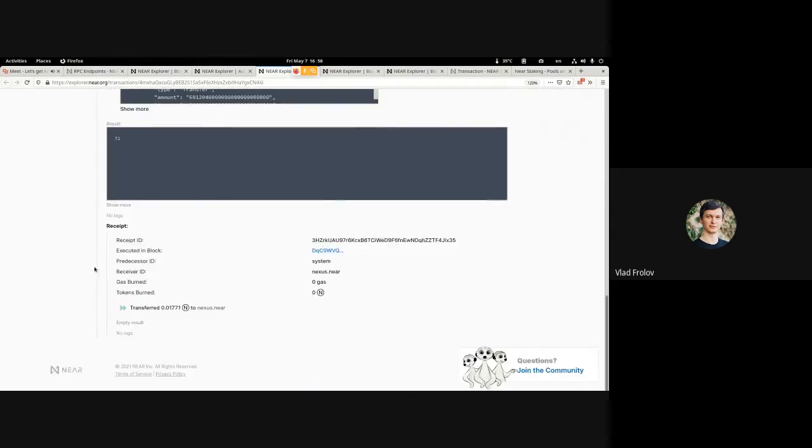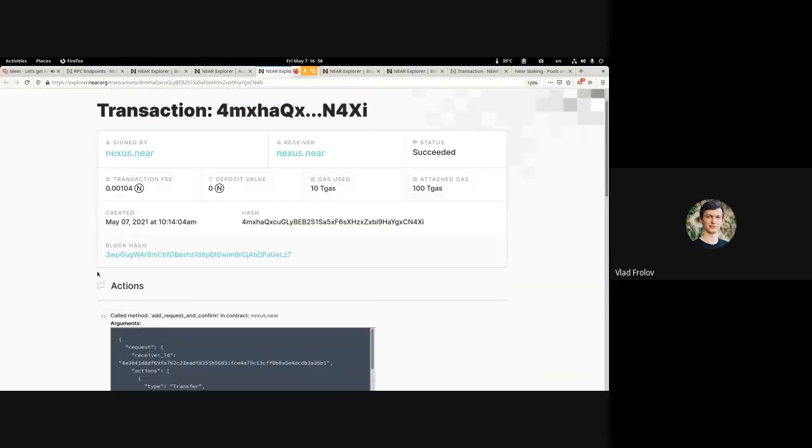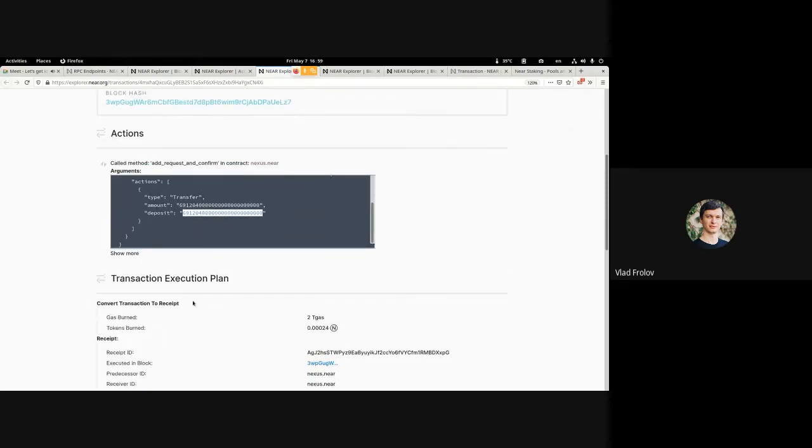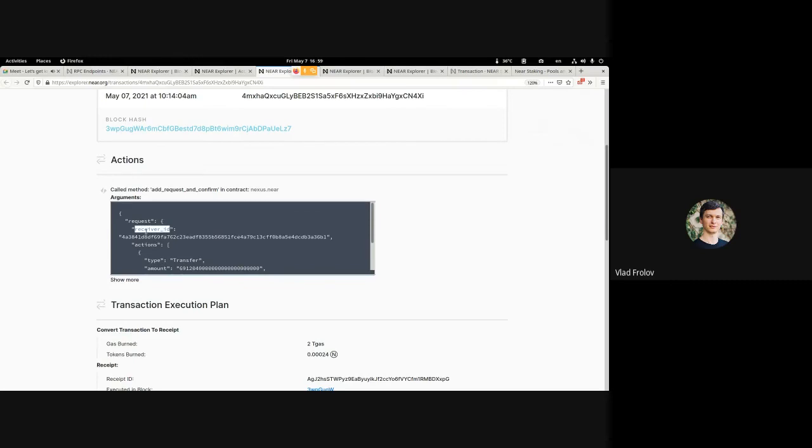So the very first call is quite simple. We call a method with a list of parameters. The request is that the receiver will be this one, and the action would be to transfer this amount of tokens, and that's pretty much it. So we are submitting a request for future 2FA.